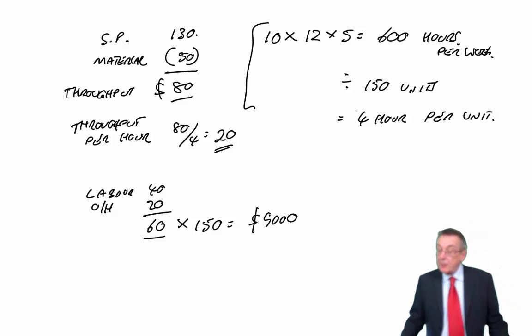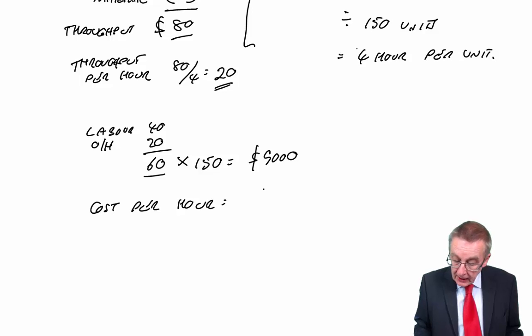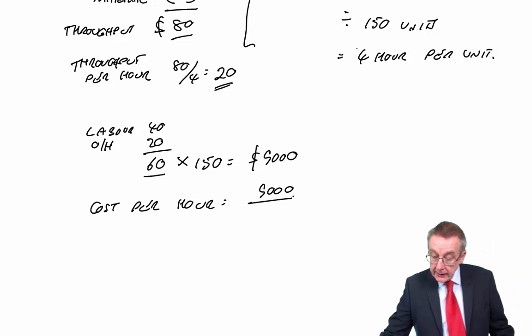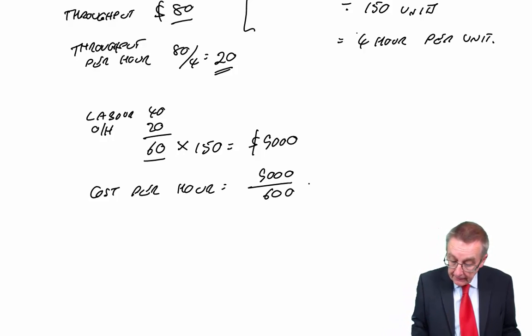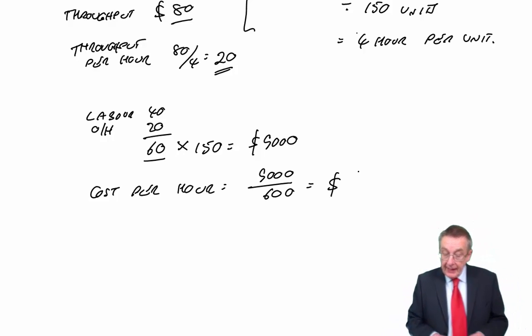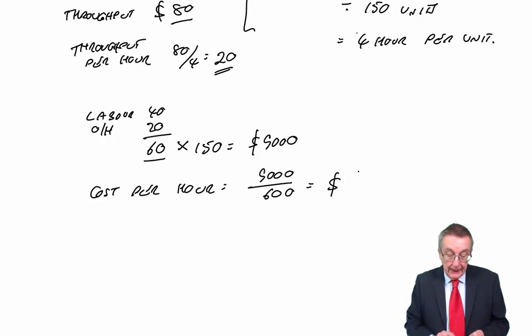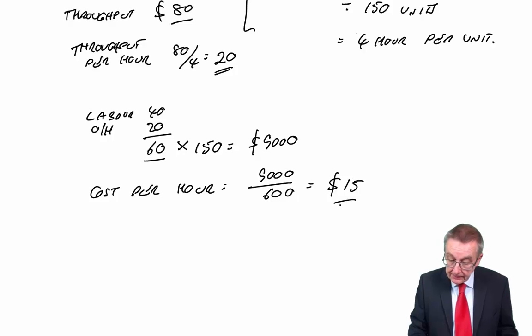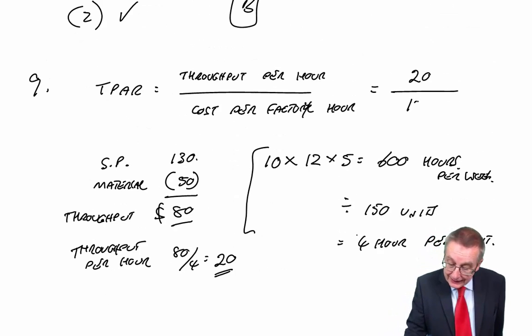We want the cost per hour. Well, it's 9,000 in total. We already know that there are 600 hours a week. And so the cost per hour is, I think, 15, but I'd better check. Yeah, 15.